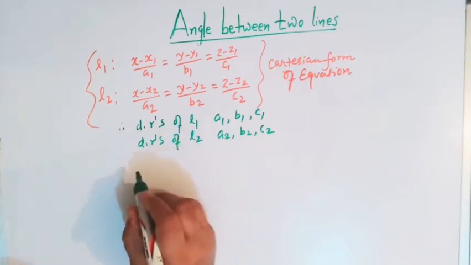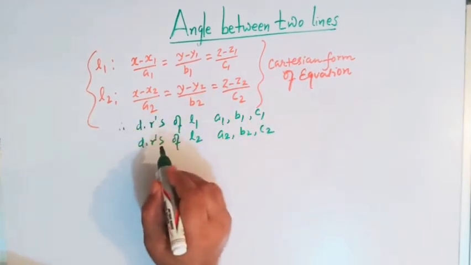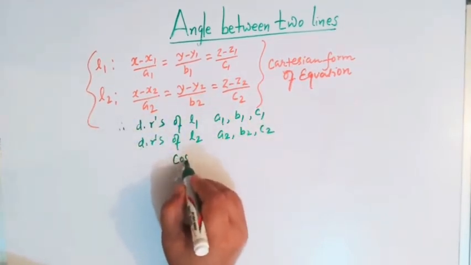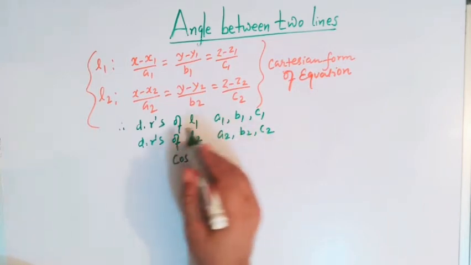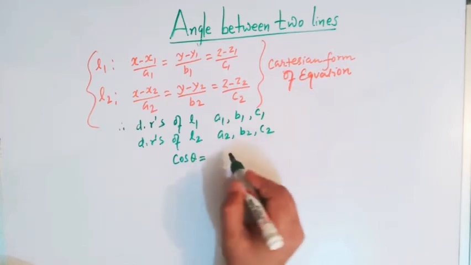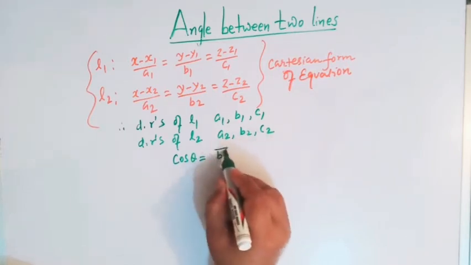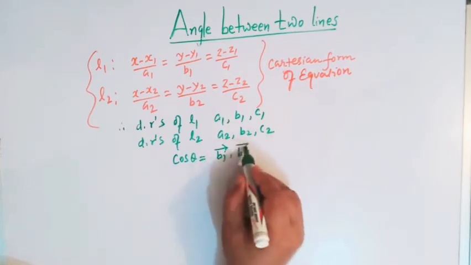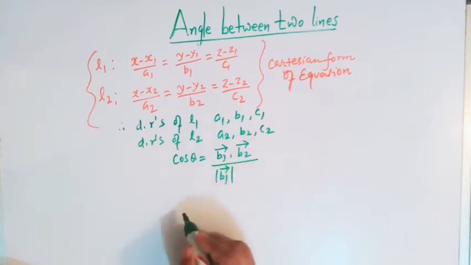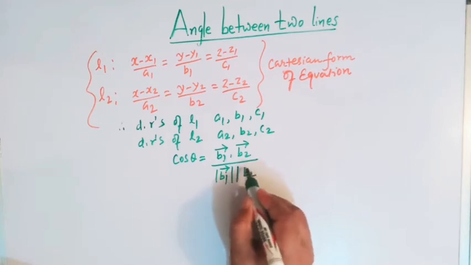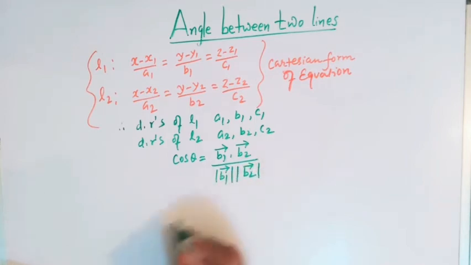And if theta is the angle between these two lines, then we know that cos theta is equal to vector b1 dot b2 divided by the magnitude of vector b1 times magnitude of the vector b2.